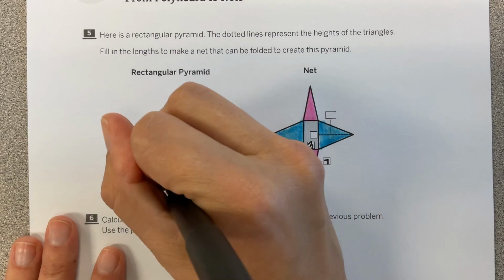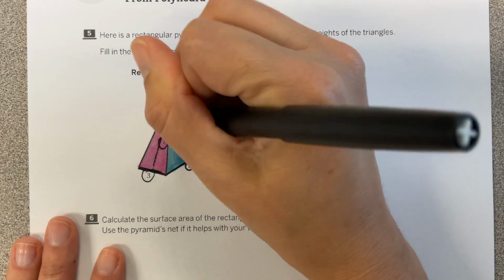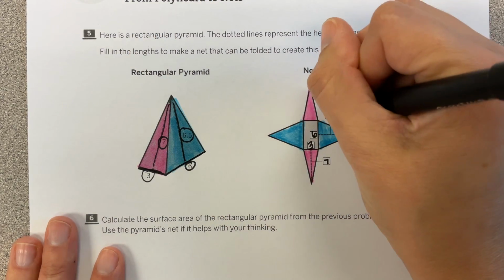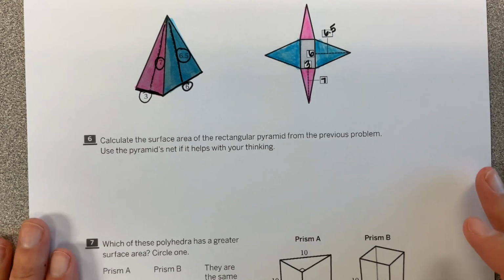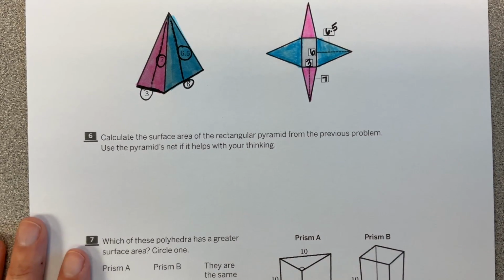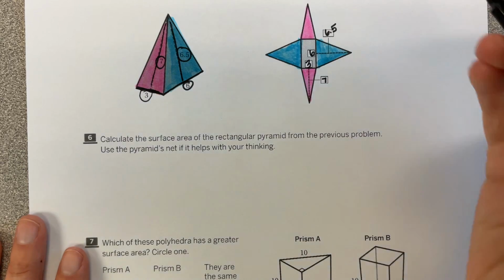For the blue, the base length across is 6, and that dotted line height is 6.5. Now where it says calculate the surface area of the rectangular pyramid from the previous problem, use the pyramid's net if it helps with your thinking.